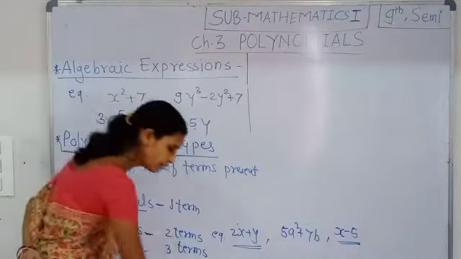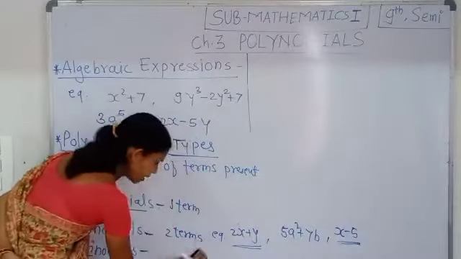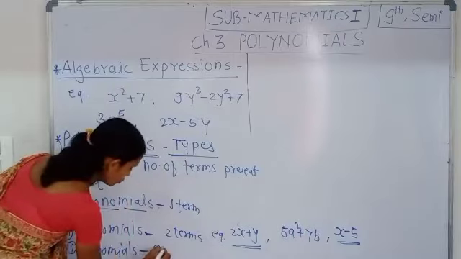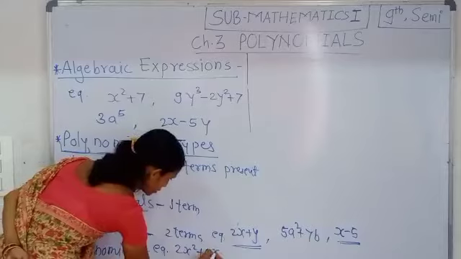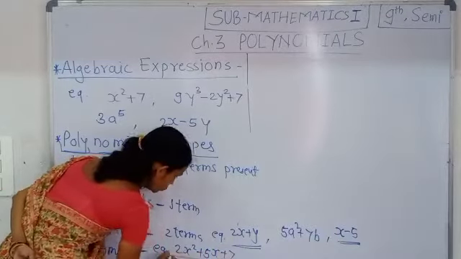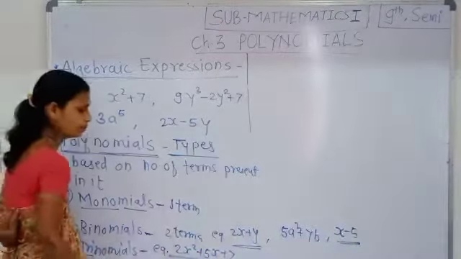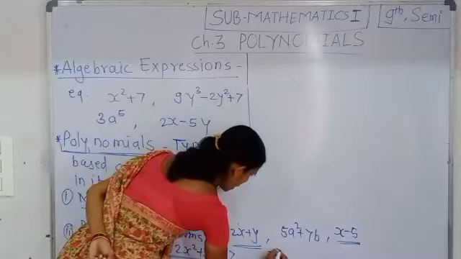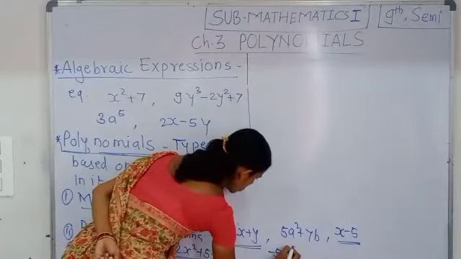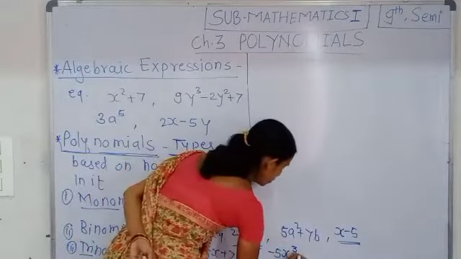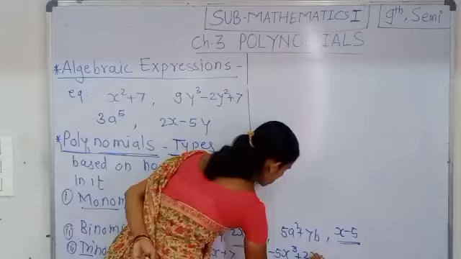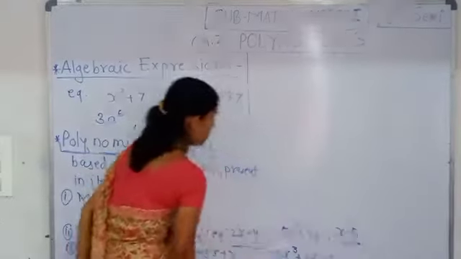We can also give a few examples of trinomials: 2x square plus 5x plus 7 is one example of a trinomial, as well as minus 5x cube plus 2x minus 7.